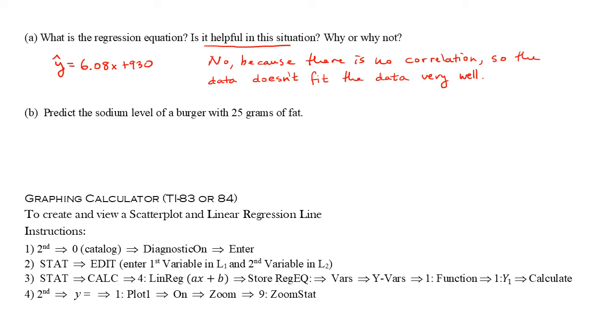So if I want to predict the sodium level of a burger, in this case it's 25 grams, but notice here, because there's no correlation, any value of x shouldn't be used to predict the value of y. And so any value of x, or in this case 25 grams or any amount of fat, would give me the same prediction because we're going to use the mean.